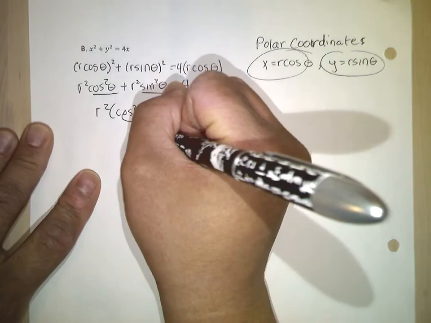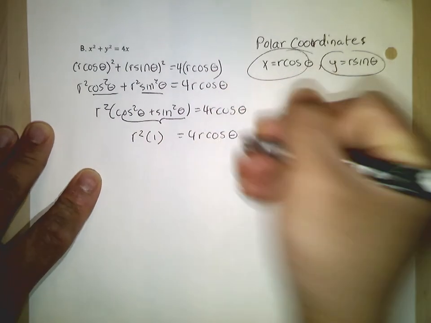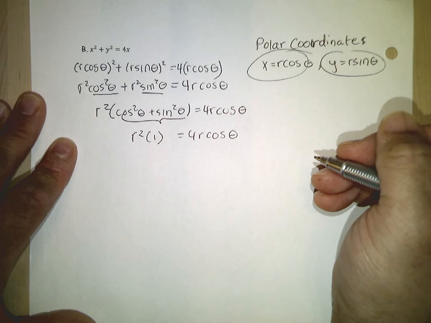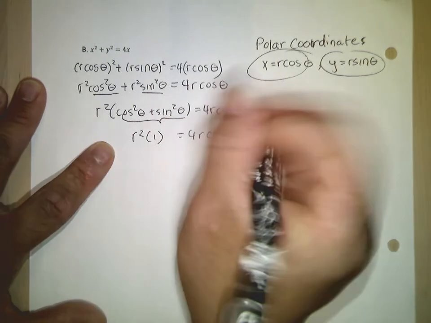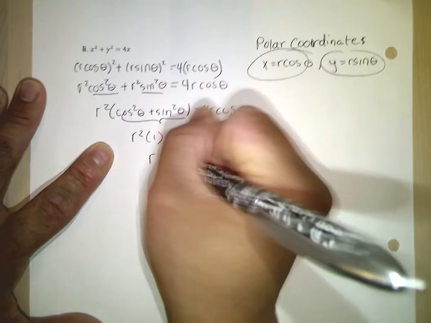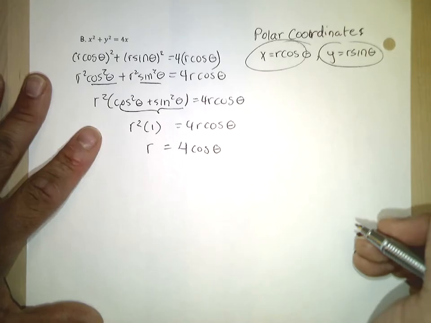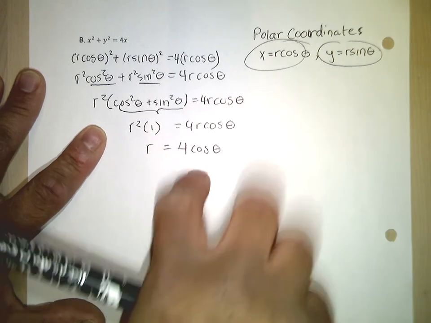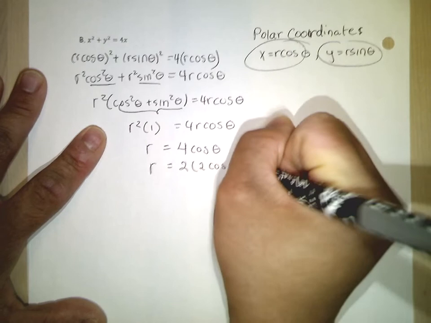So we have r squared times 1 is 4r cosine of theta. Then if I divide out an r, we have r is 4 cosine of theta. And then we can write 4 as 2 times 2 cosine of theta.